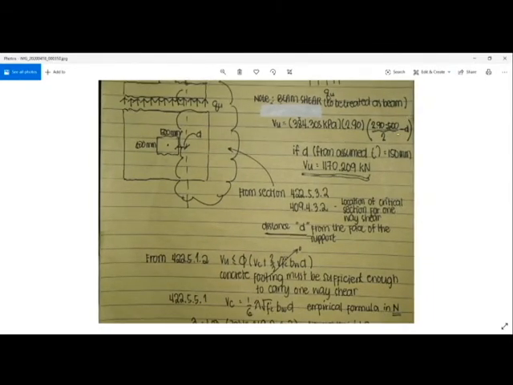So either I just divide it by 1,000. Oo nga pala, you remember, medyo para hindi tayo maligaw, there are two ways in order to check if our beam or our footing is adequate against one-way shear.